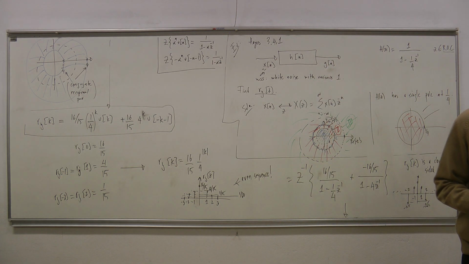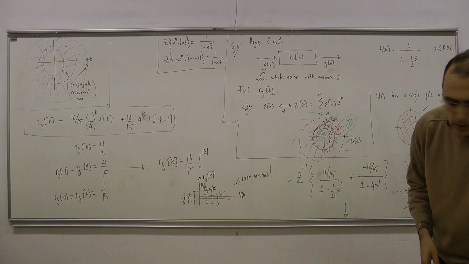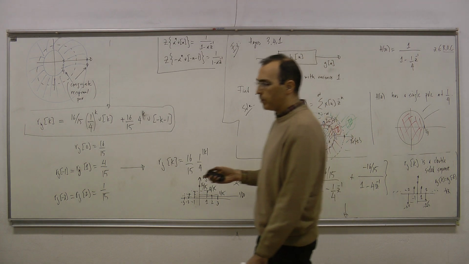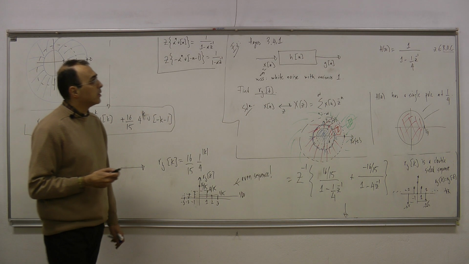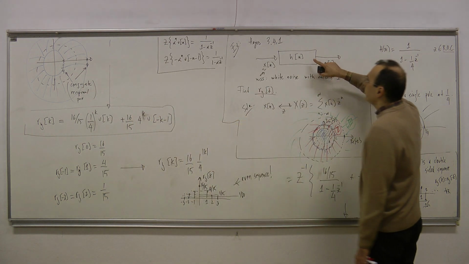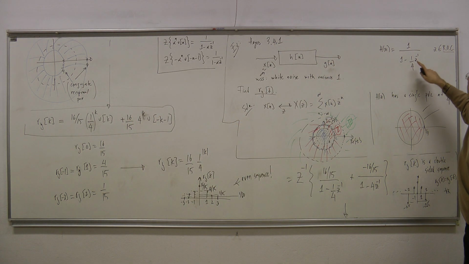Okay, so that's all for this hour. So we will continue from this point on with the discussion of different types of random processes. What do I mean by type? So as you see, this is a one-pole system.